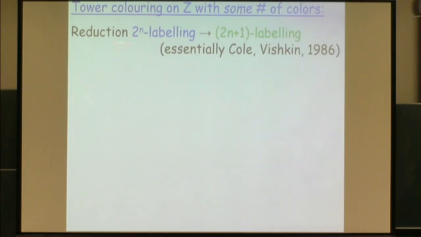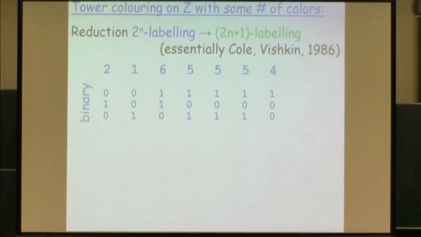So the key thing is, suppose you have a labelling of Z with 2 to the n labels. I don't want to call them colours yet because it's not necessarily a proper colouring, it's just integer labels, 2 to the n of them. Here's a way to reduce that 2 to the n down to essentially n, or 2n plus 1.